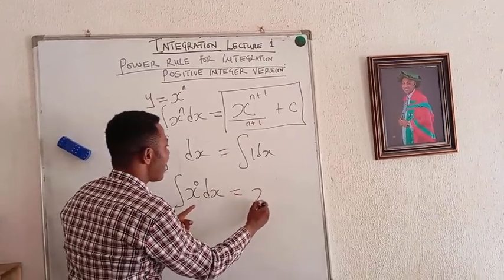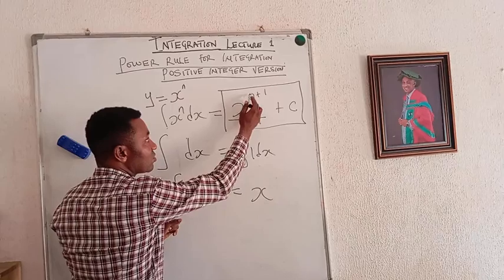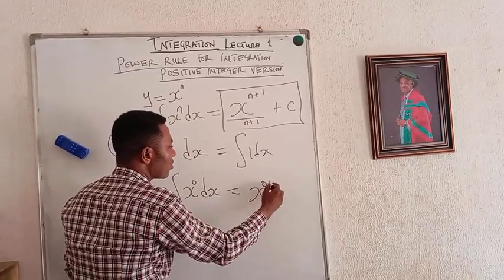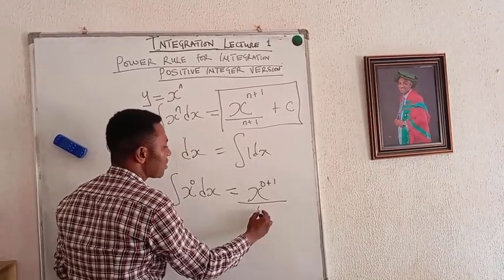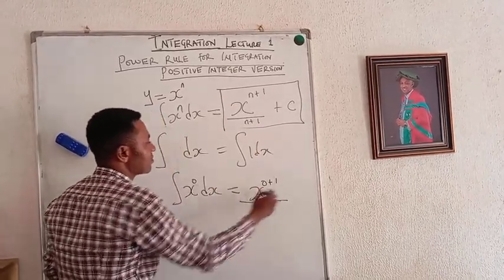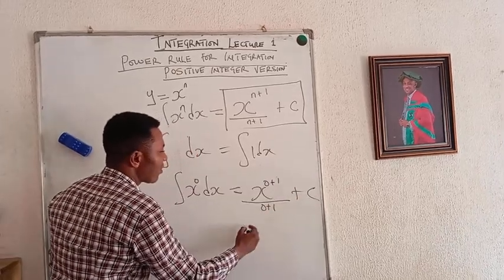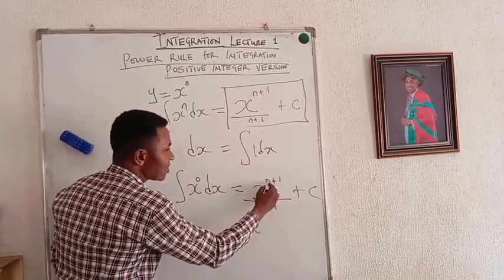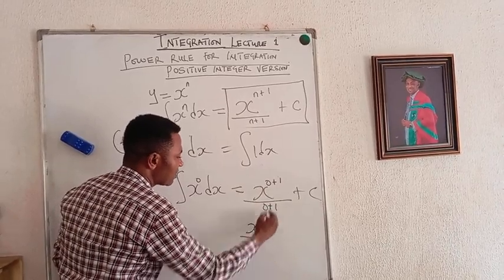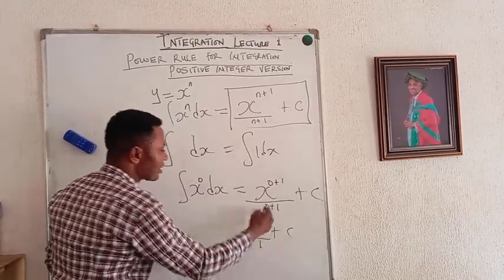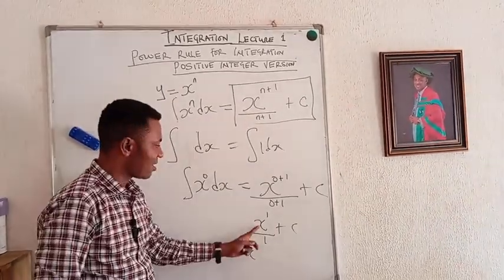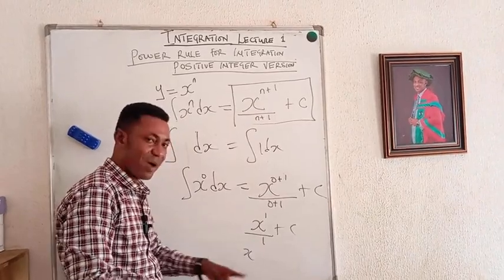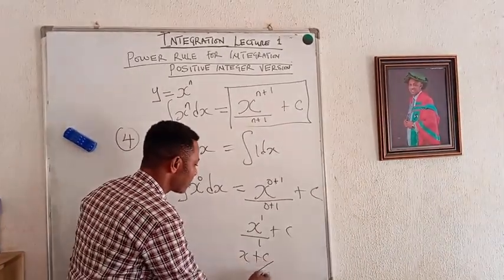So here we have x, 0 plus 1, which is 1, all over 0 plus 1, then plus c. We have x power 1, all over 1. x power 1 is x, all over 1 is x. So the answer is x plus c.